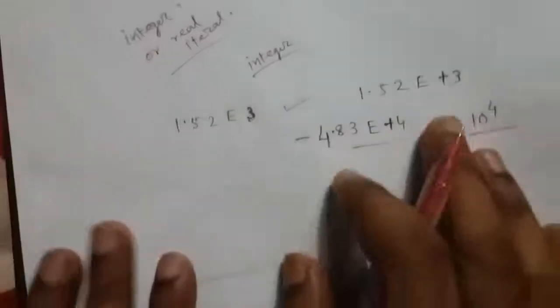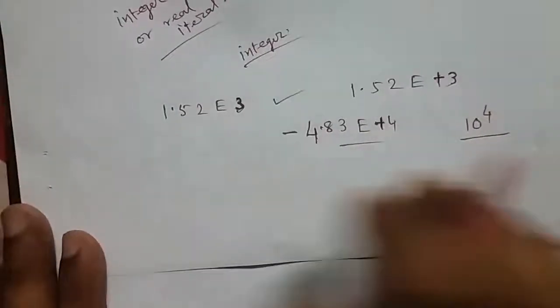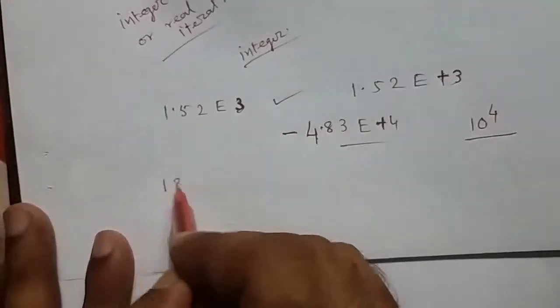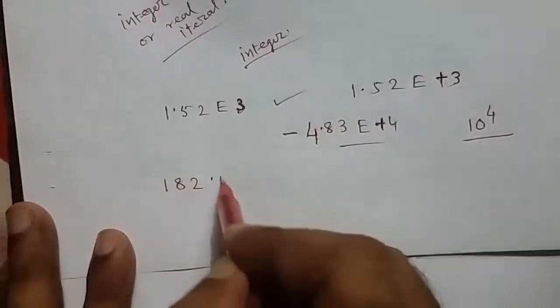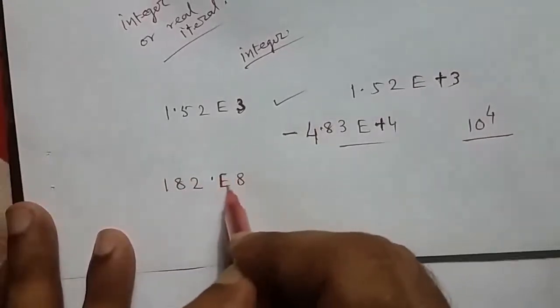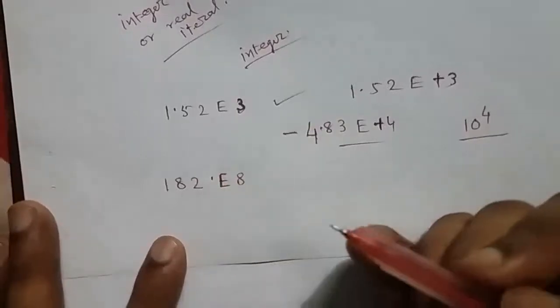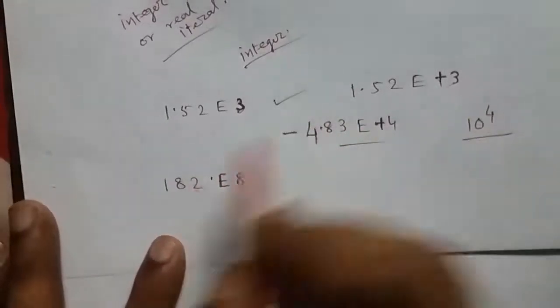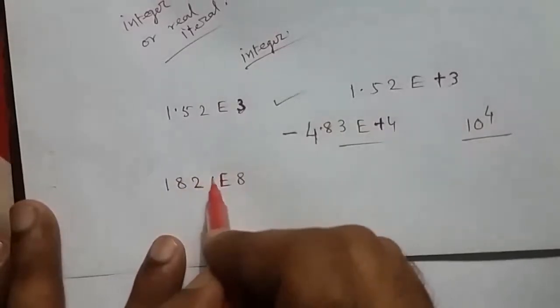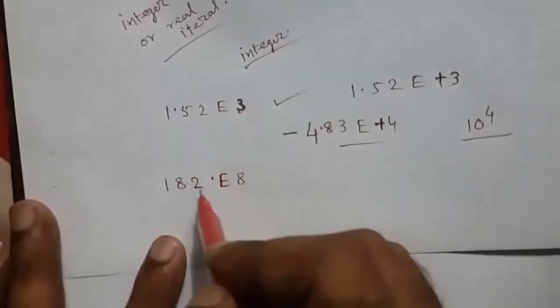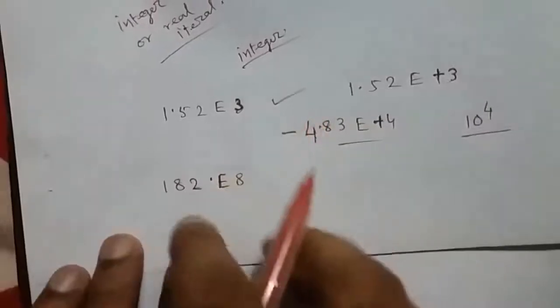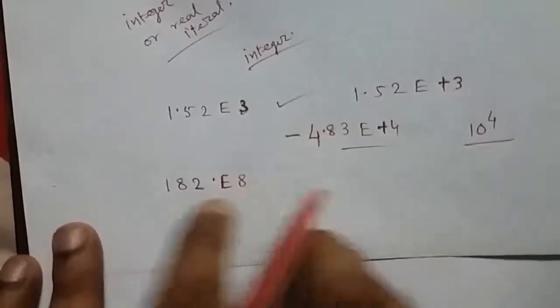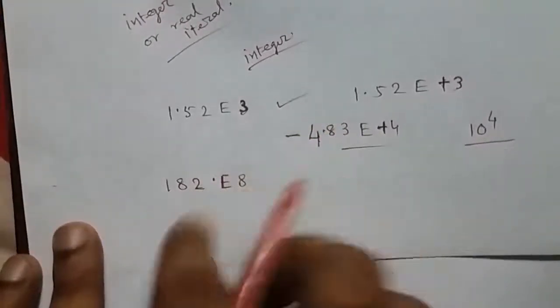Now, if I write one number, 182.E8, can you say whether it is a valid or invalid scientific form of a real literal? Obviously this is invalid, because at least one digit must appear after the decimal point.